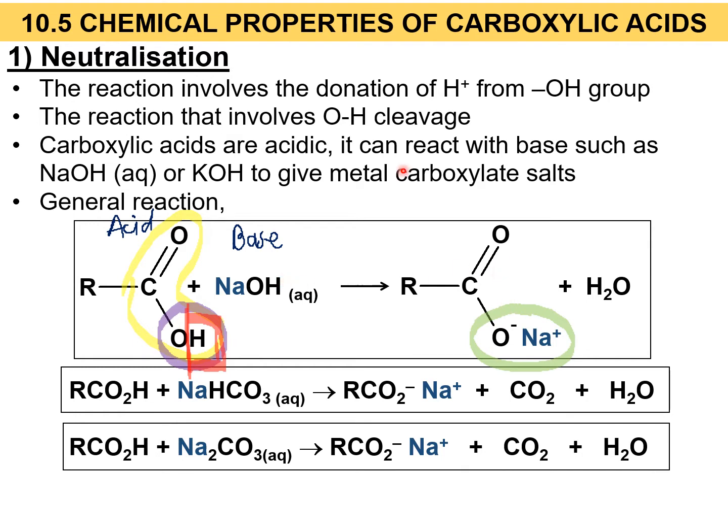Okay, so kat sini kita boleh nampak H ni sudah tiada, so dia digantikan dengan Na plus. And since the Na plus is an ion, so O ni pun kena ada ion lah, so it's O minus Na plus, so that's why dia kata carboxylate salts here, metal carboxylate salts.